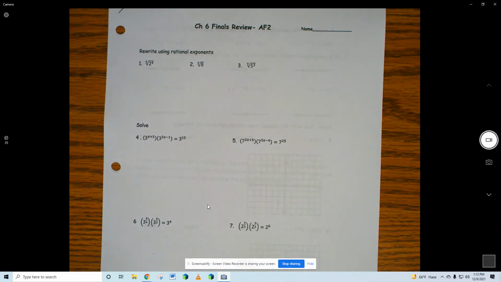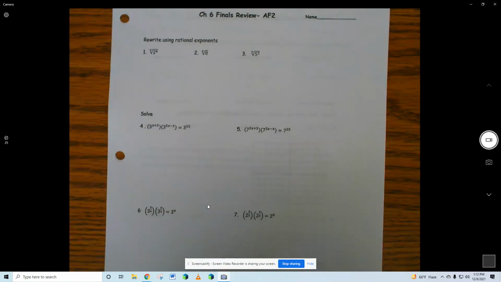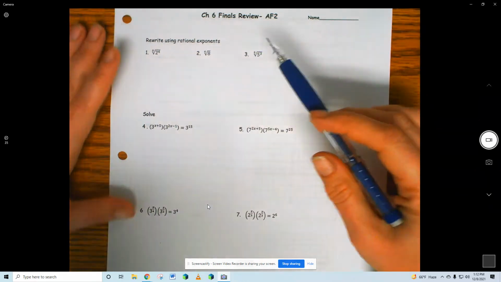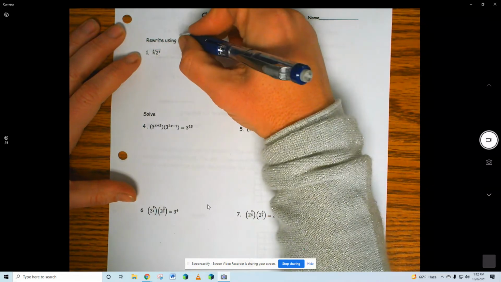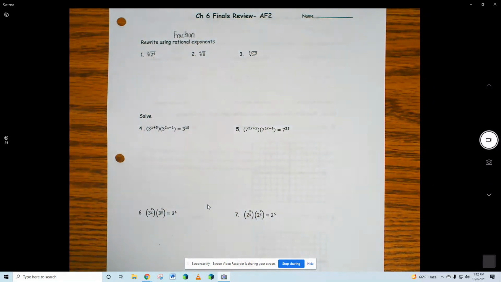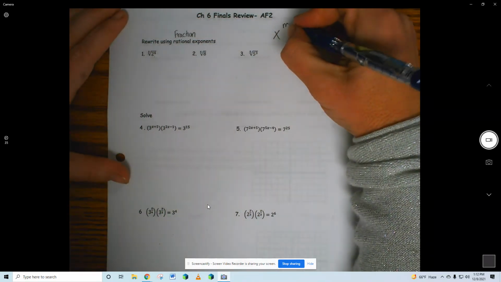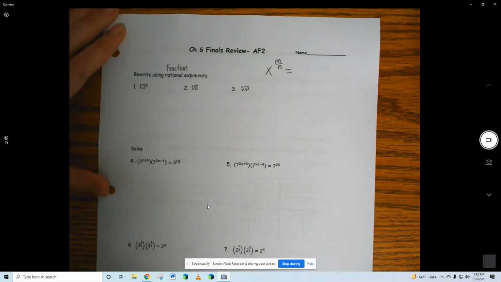And we talked a little bit about, in the beginning, 1 through 7, these are called rational exponents. So I've got a square root here, but a rational exponent means that I'm going to have a fraction exponent. I think I described it as x to the power of m over n.